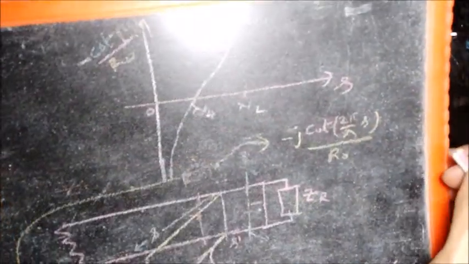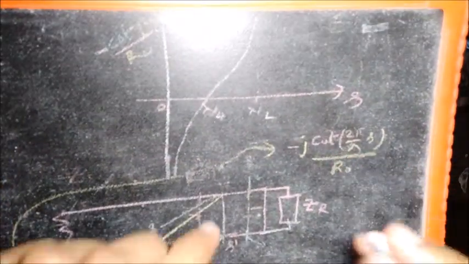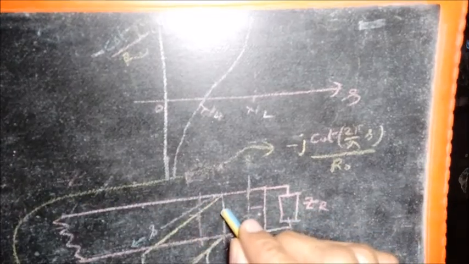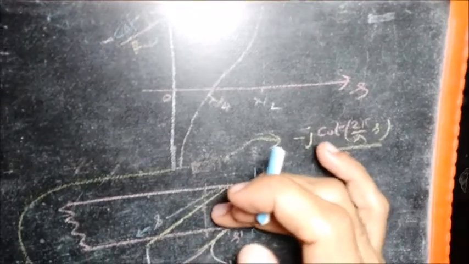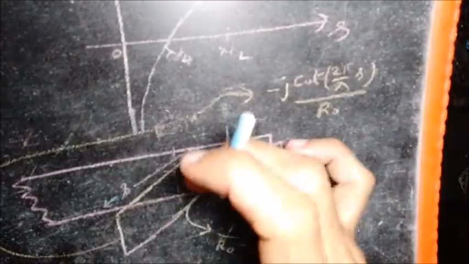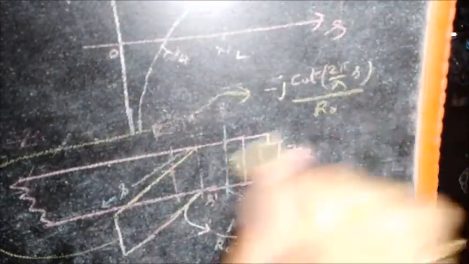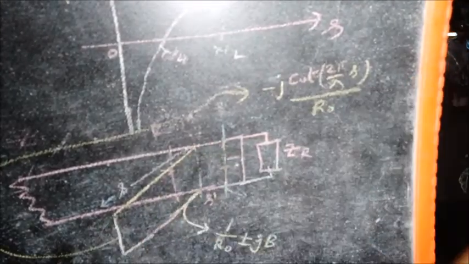So we know that this will be the admittance of this line when we see it from this side. When you see it from this side, this will be the admittance, and of course, depending on S, it will have a particular value.